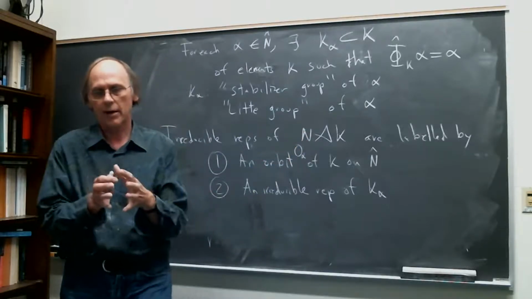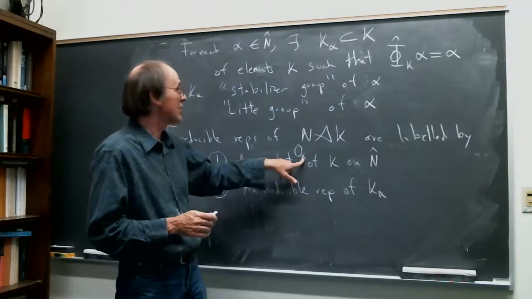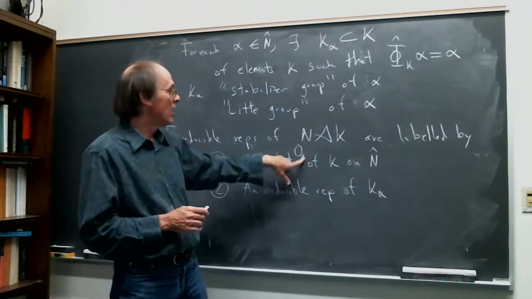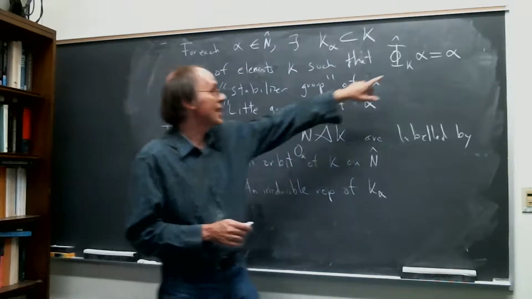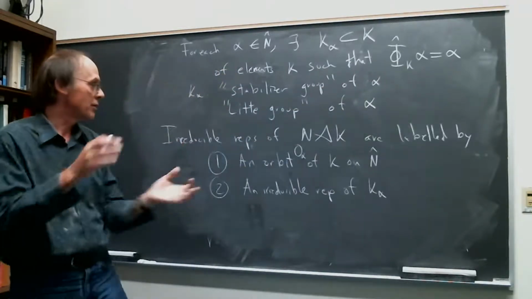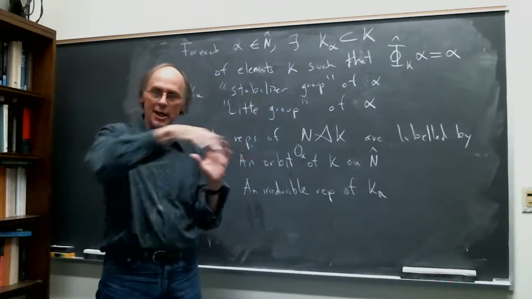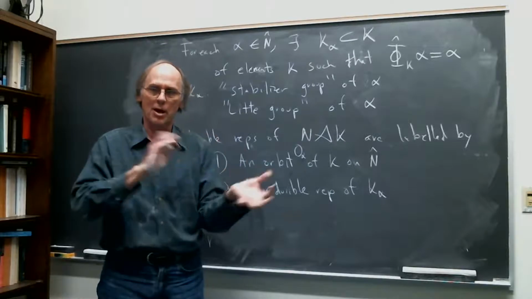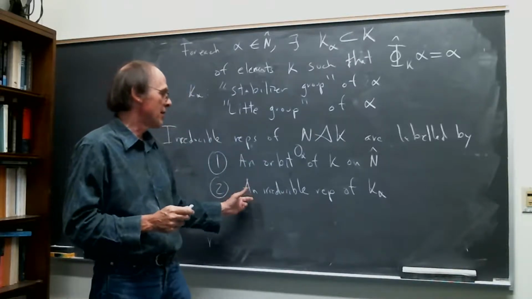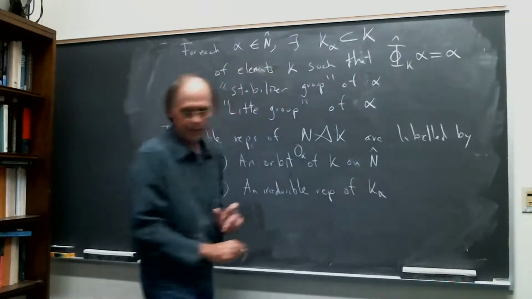And then once you've figured that out, for each orbit you look at it and ask, okay, what's the subgroup that preserves it, what's the stabilizer group? As you move around in the orbit, the stabilizer group will conjugate inside the bigger group, but up to conjugation it's the same group, and then you pick an irreducible representation of K alpha.